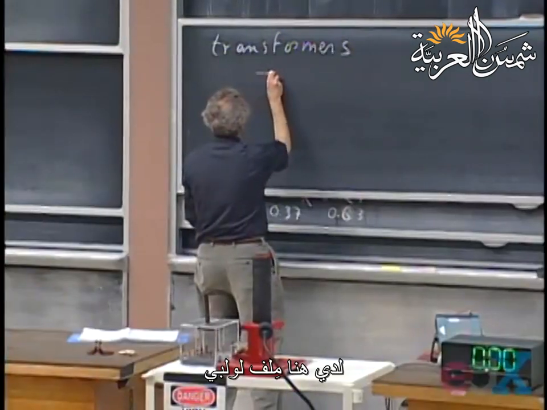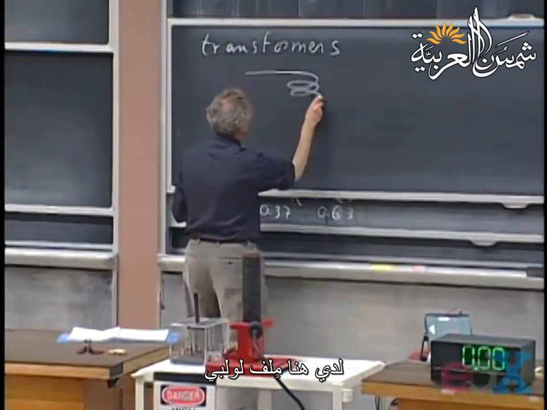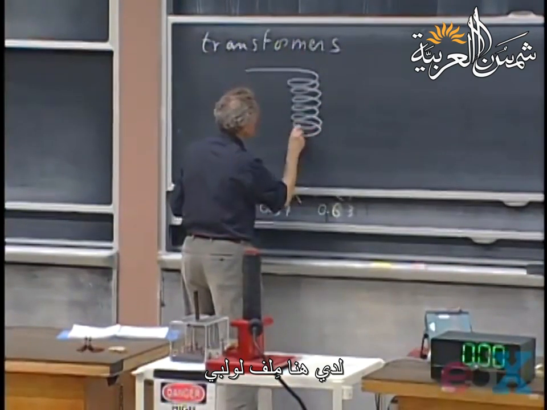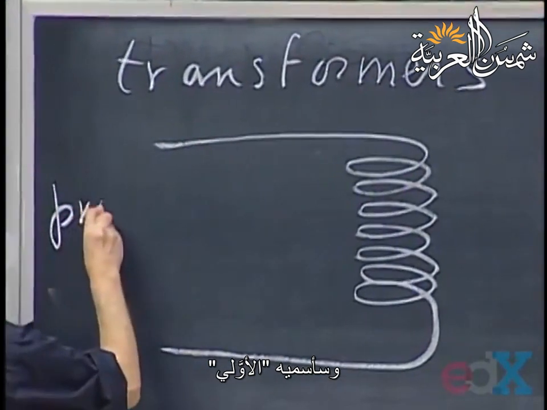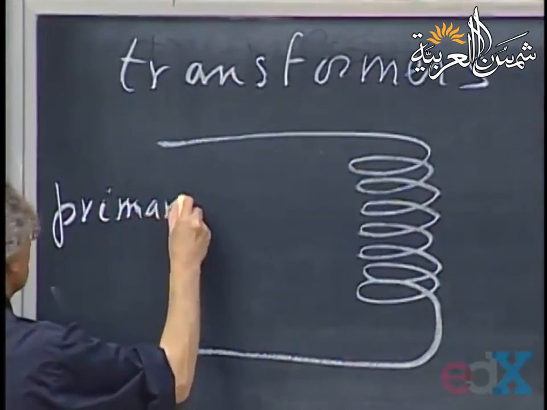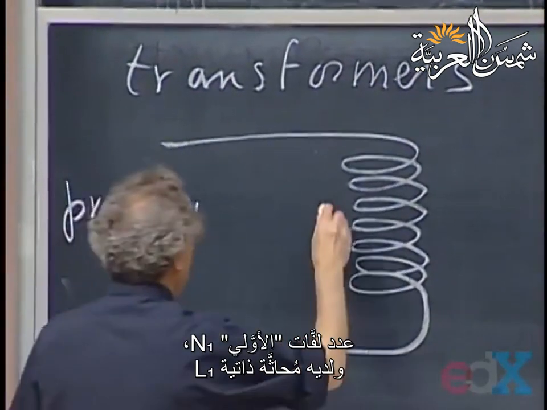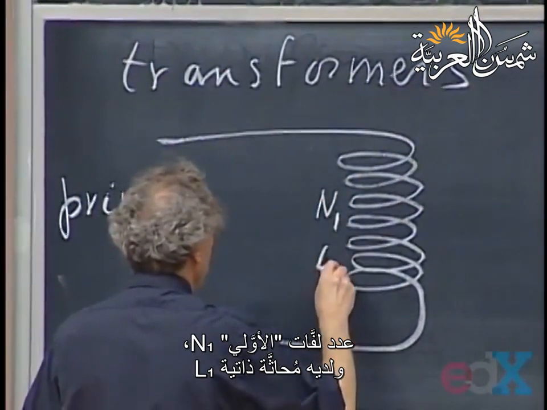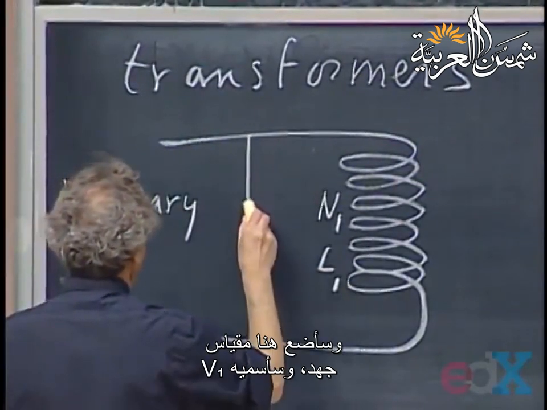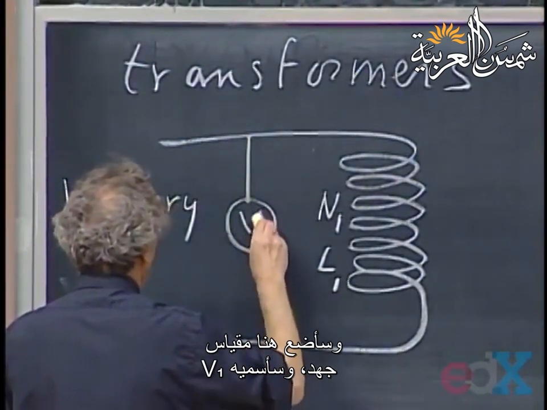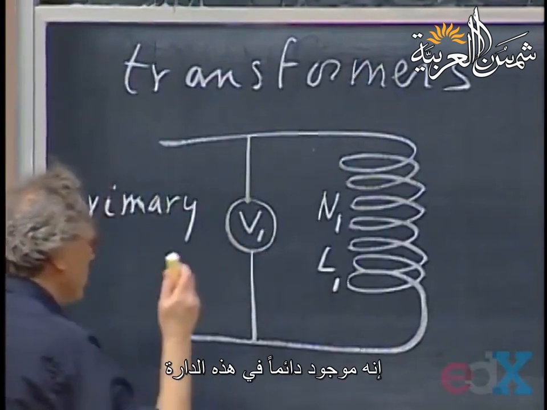Here I have a coil, and I call this coil the primary. This coil has N1 windings and a self-inductance L1. And I put here a voltmeter, which I call V1. It's always in that circuit.